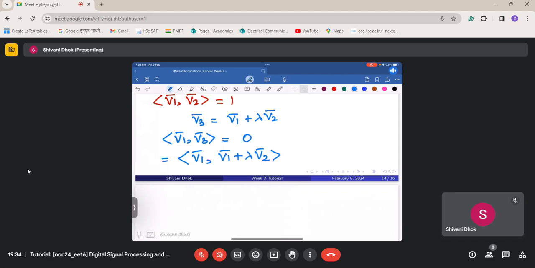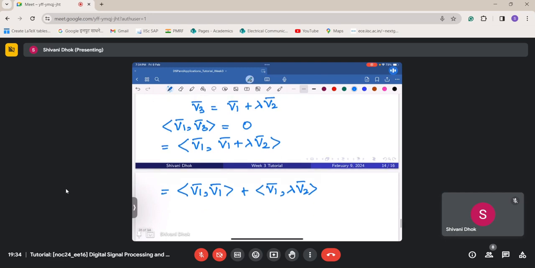So this is equal to the inner product of V1 comma V1 plus V1 comma lambda times V2. Now again, this lambda here, the inner product is also homogeneous, so I can take it outside. So this is V1 bar comma V2.